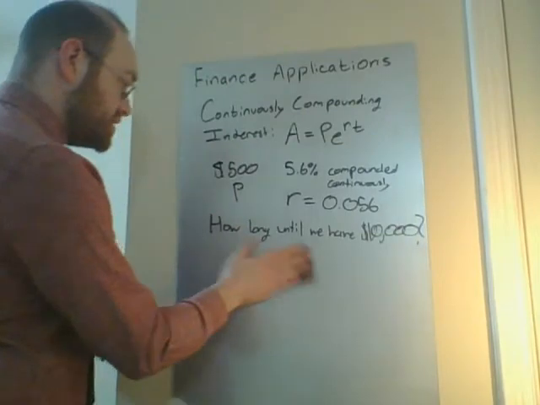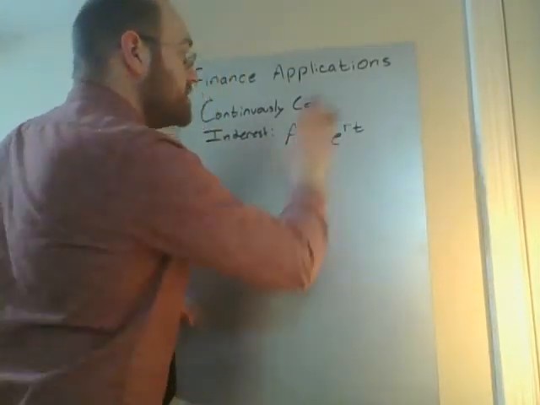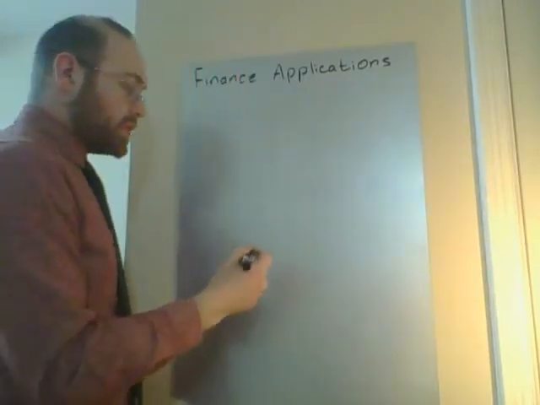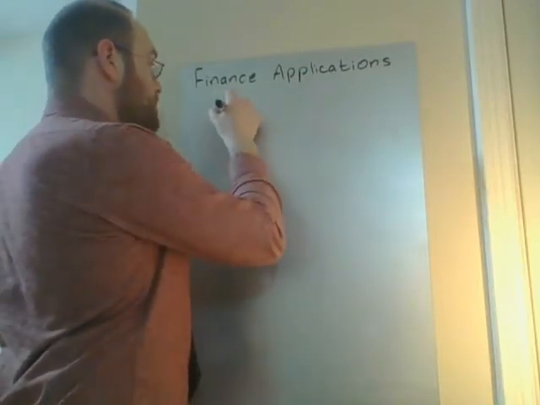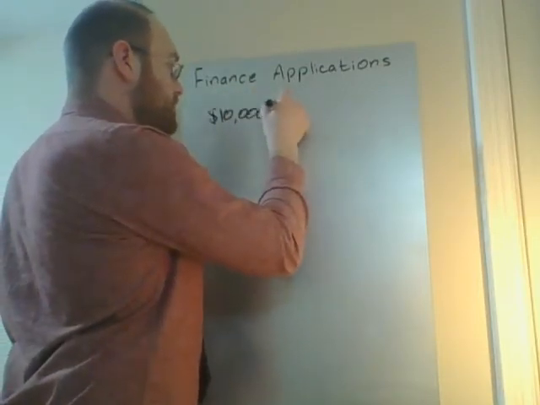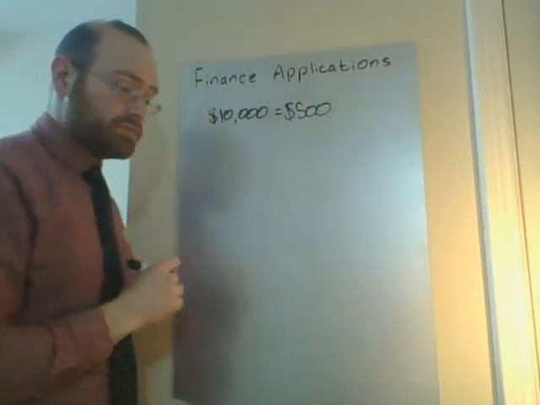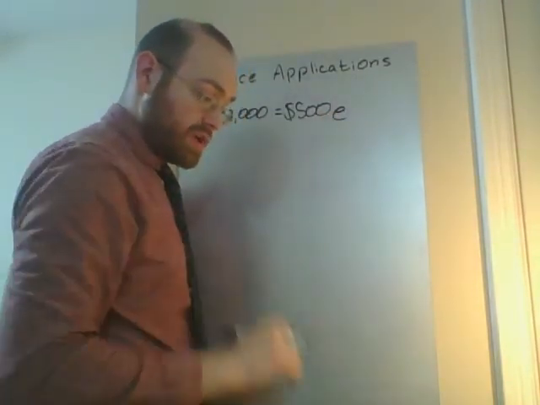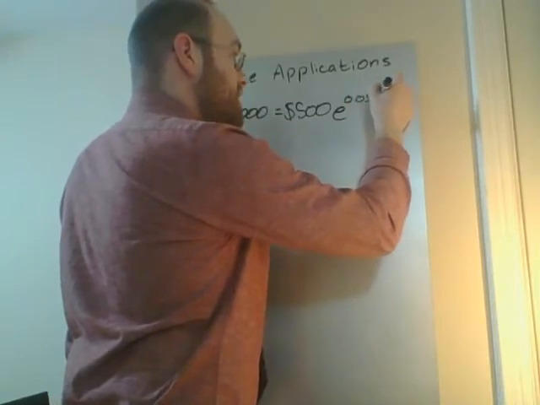Now we're going to erase this and start up top. So we're told the final amount that we're interested in is $10,000. And recall that our principal was $500. And we know the interest rate was 0.056.